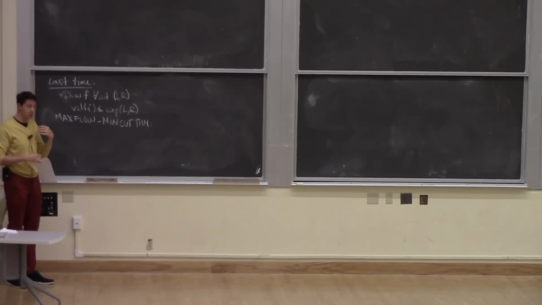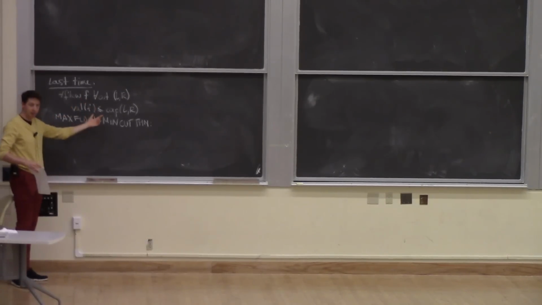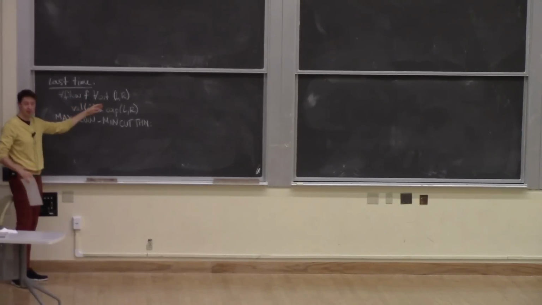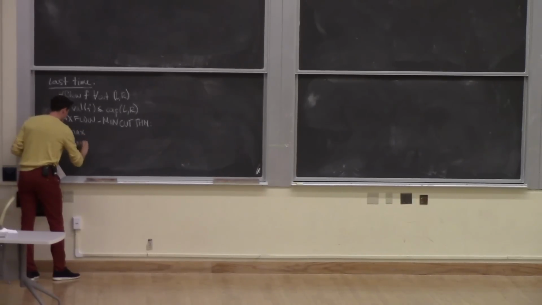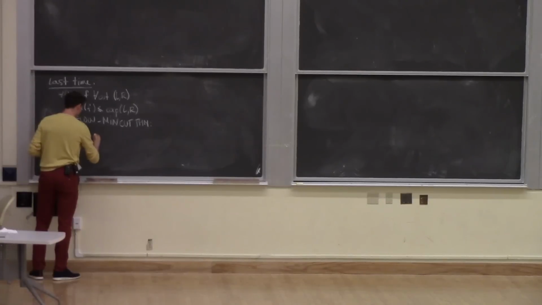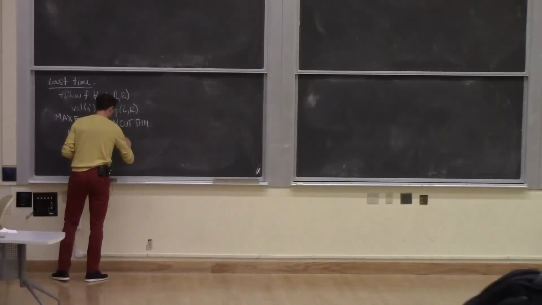It says that while for particular flows and particular cuts you might have a gap, if you look at the maximum flow and the minimum cut, these two numbers are the same. So the max over all flows f is the same as the minimum over all s-t cuts.